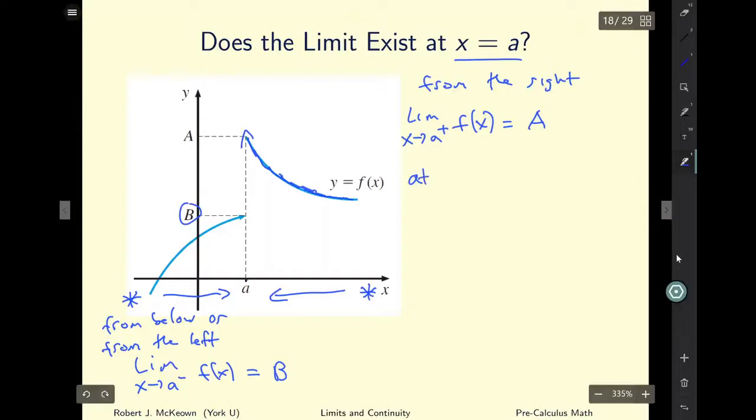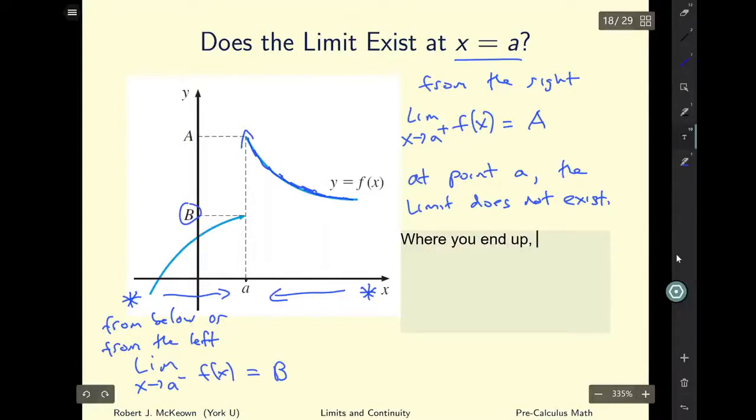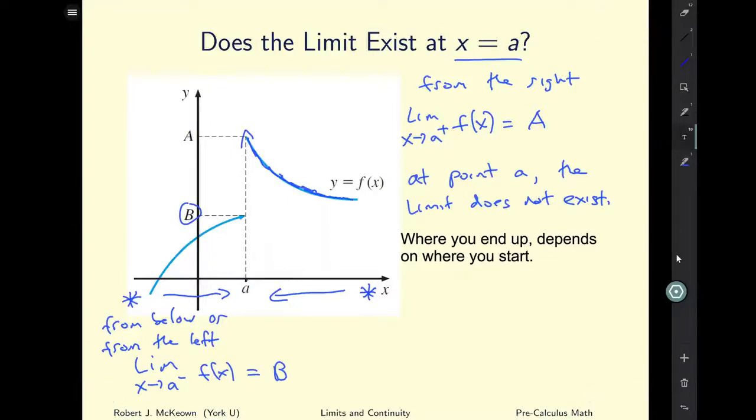And so at point a, we say the limit does not exist. Where you end up depends on where you start. Right? If you're starting from above a and x is then decreasing, you're going to end up on a different location than if you started from below a and x is increasing.